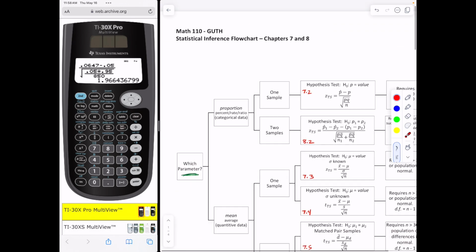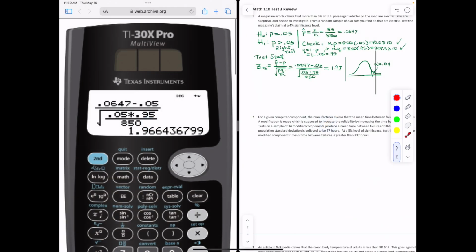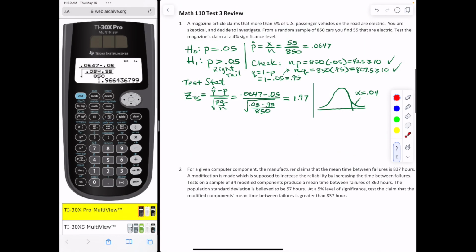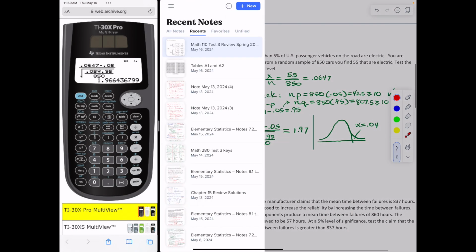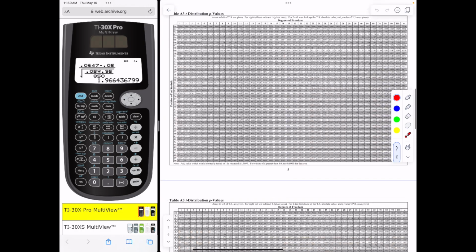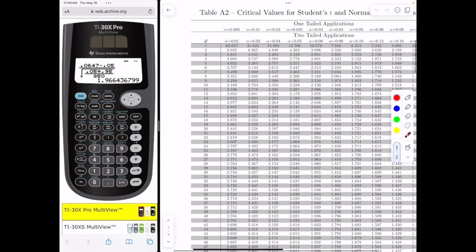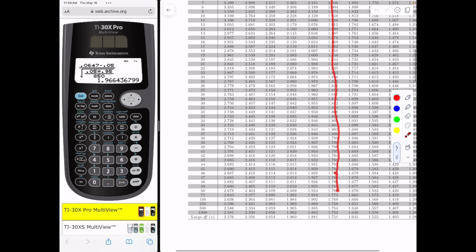So I'm going, nope, different document, hang on. See if I can pull this off. There we go. All right, so here's the table. Yeah, table A2. I think we agreed on a 0.04 one tail. So here's 0.04 one tail all the way to the bottom row down here.